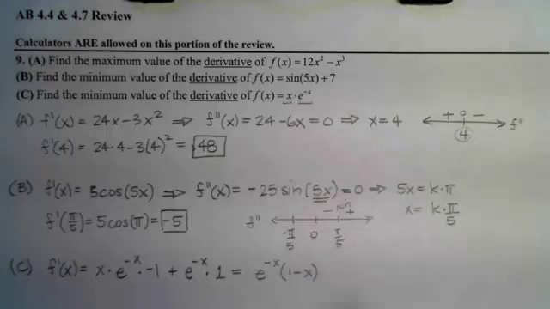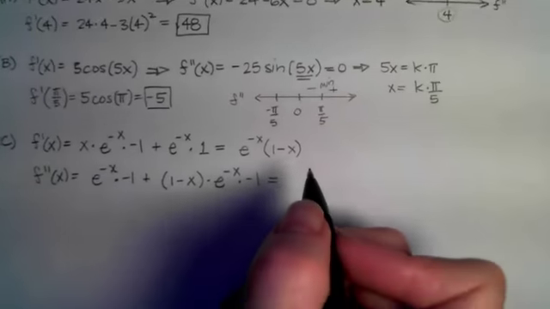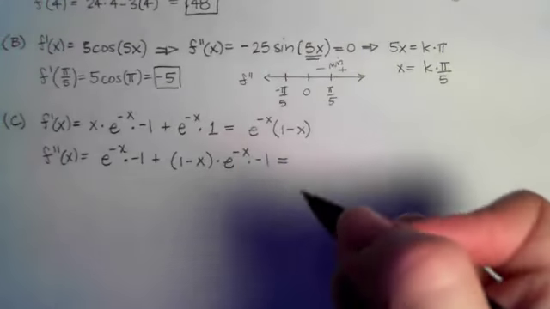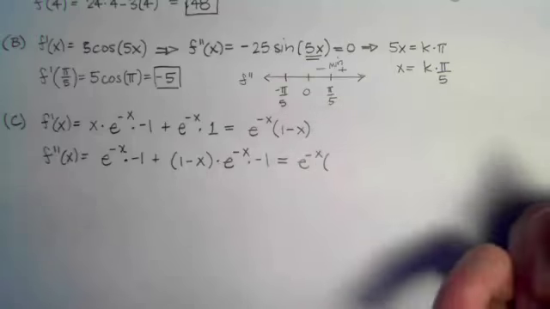Now I want to minimize this, so I will take the derivative again. First one times the derivative of the second, plus the second times the derivative of the first. I need to know when that equals 0 or undefined. So to find that, I'm going to factor out that e to the negative x and see what's left.